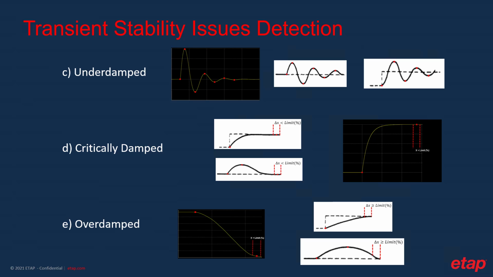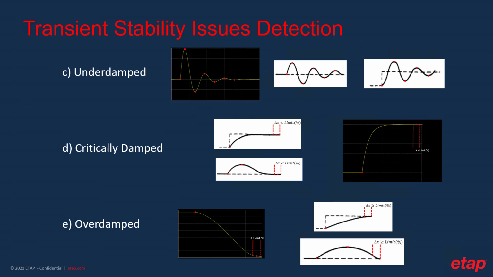However, we still have a couple of other conditions that are also important, like the critically damped, which, although mathematically feasible, its physical behavior might not be for most of the power system equipment. And last, we have the overdamped condition that might represent a correcting signal, but with a very sluggish reaction time, which may lead to other issues in our system, such as under voltage or under frequency, while it stabilizes.